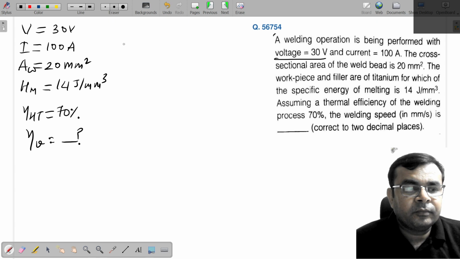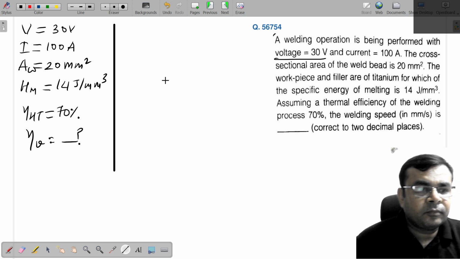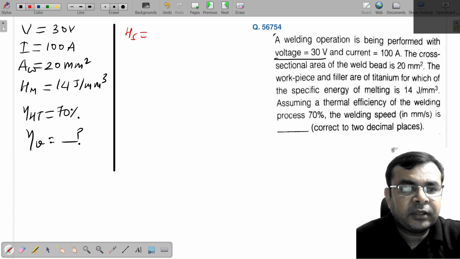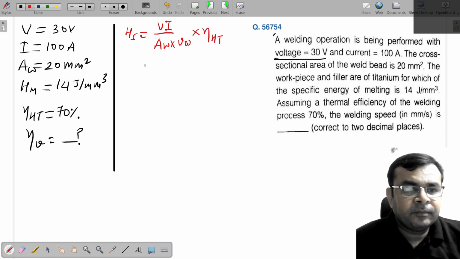So you can see in this question, if I write heat supplied, can I say this is Vi over area of the weld into velocity of the weld into eta st, correct?